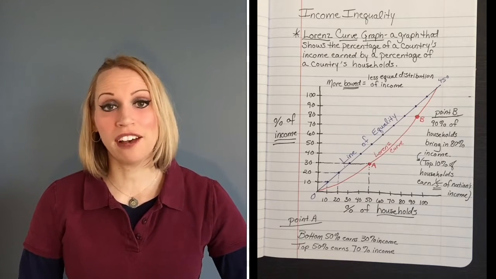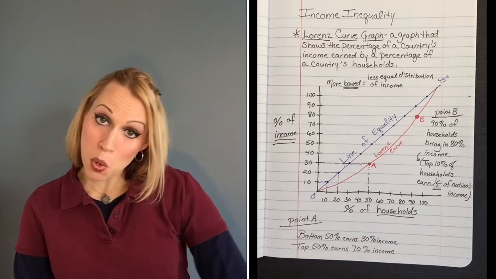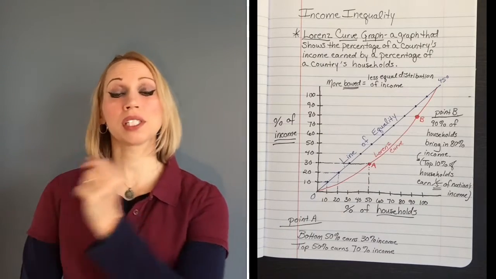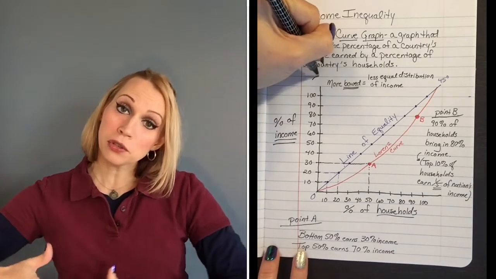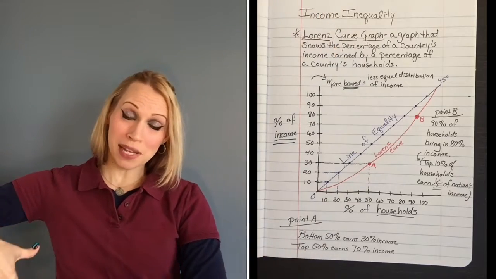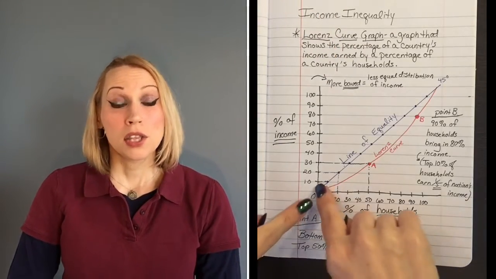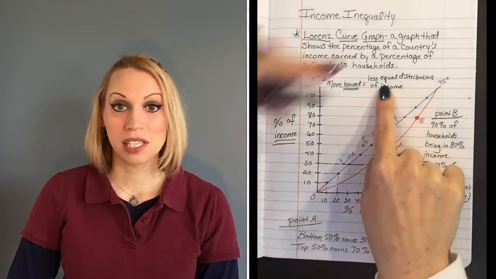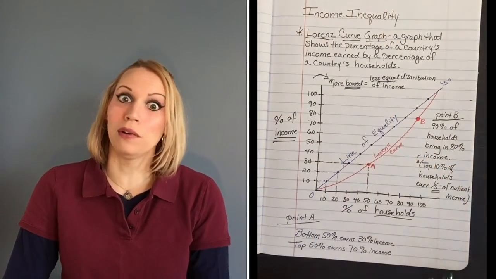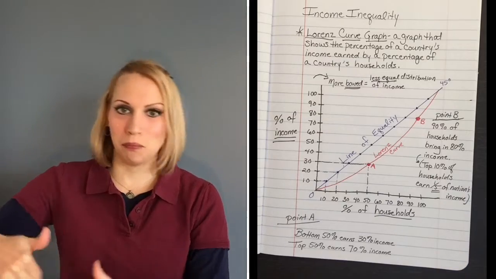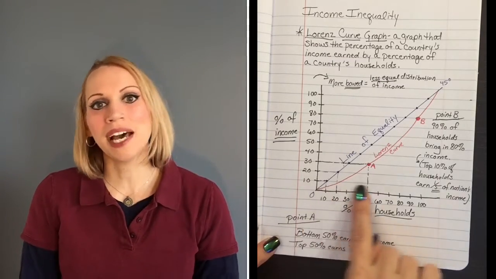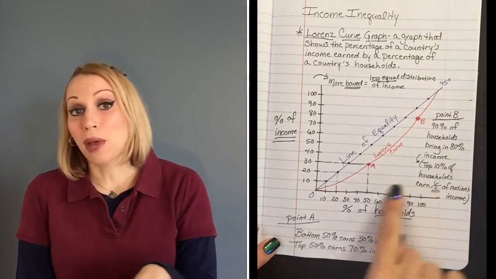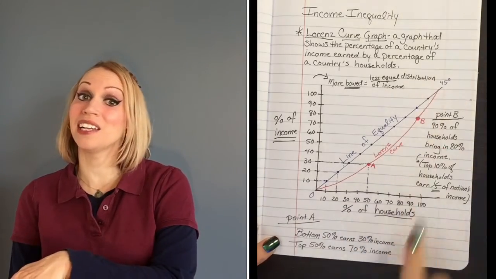And so on this graph, guys, the more bowed out the Lorenz curve is, the further away that it pulls from that line of equality, the less and less equal the income distribution is. So if you get a really bowed and bent Lorenz curve, then that kind of means that the bottom households are hardly earning any income.